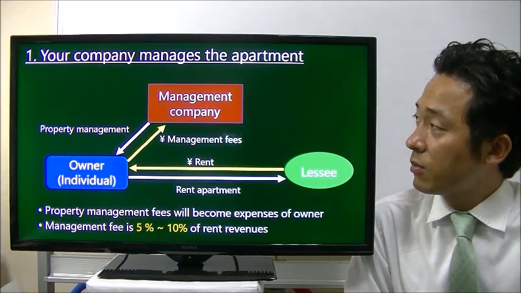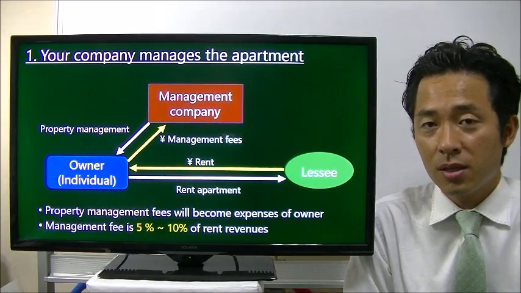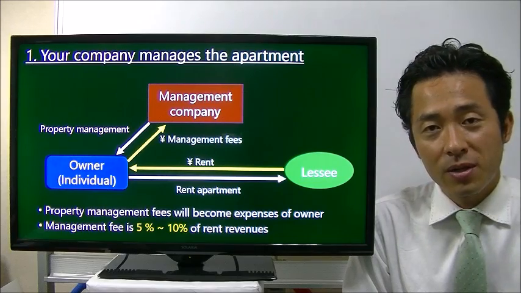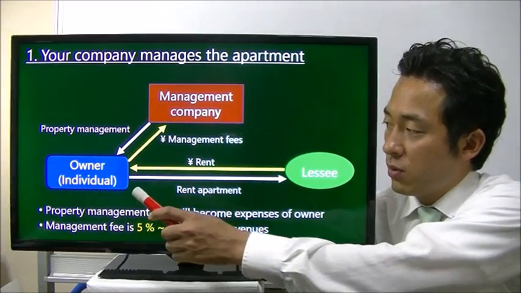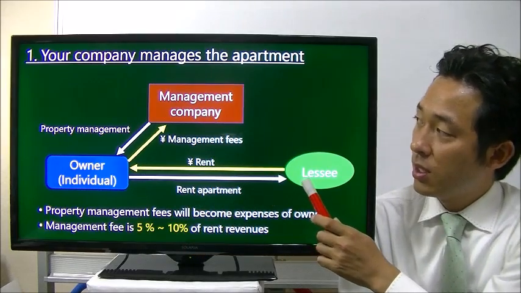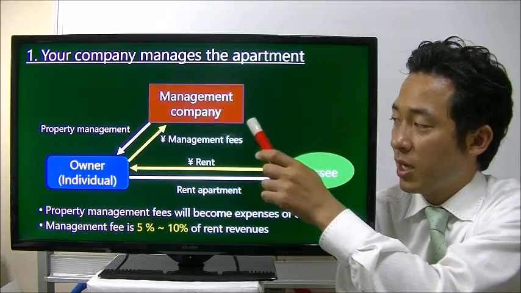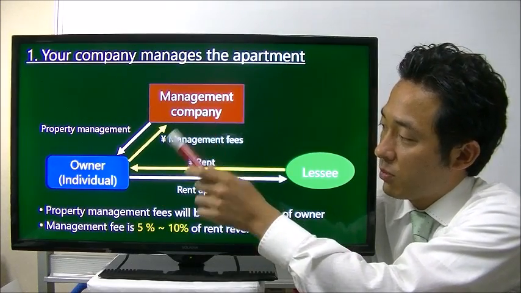So from now I'm talking about how you do the renting business with your own companies. The first case is you're renting the apartment, and your own company manages your apartment, and you pay the fee for the management companies.